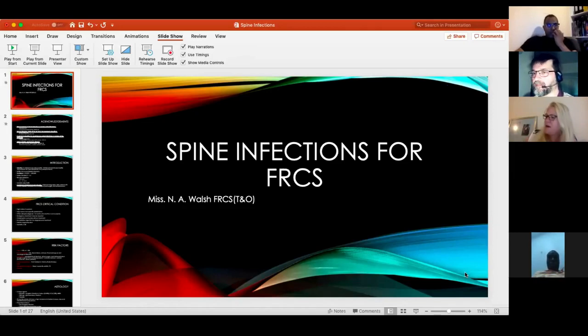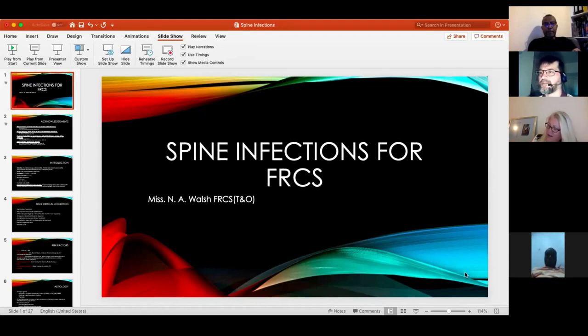I'm looking for the piece of slide. I think what happens is that you get the destruction of the end plates, and once you go through the end plates, it can go straight into the disc, which is avascular, so the infection will sit within the disc space.